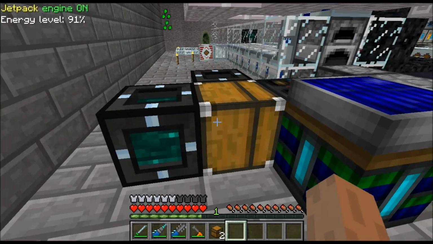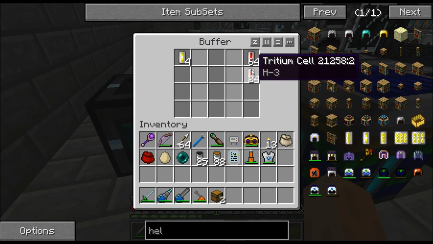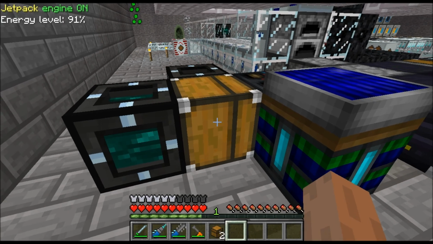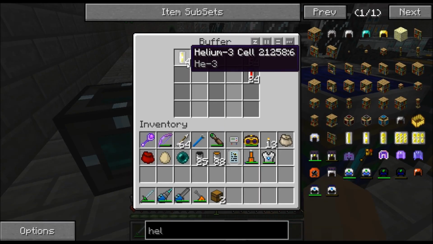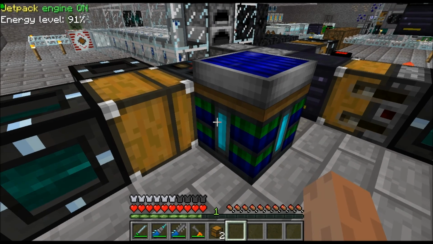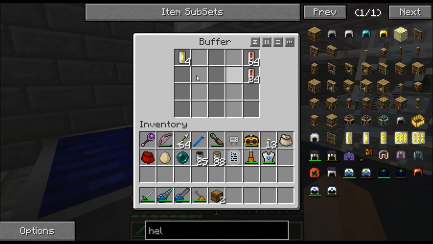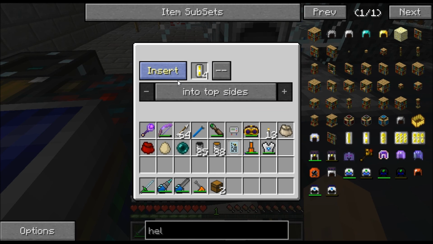Since this buffer will only allow helium-3 in the top upper left-hand corner and won't allow tritium there, it will always pull out helium-3 first, and then if there isn't any helium-3 in here, it will pull out tritium. So it pulls out the fuel depending upon what it sees in the buffer, and then inserts it into the router.